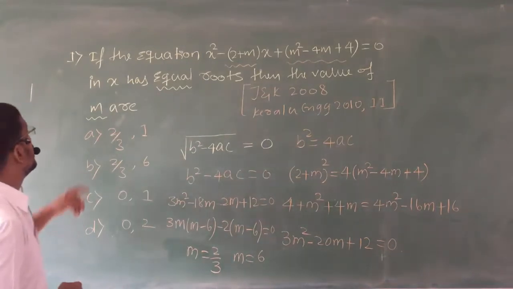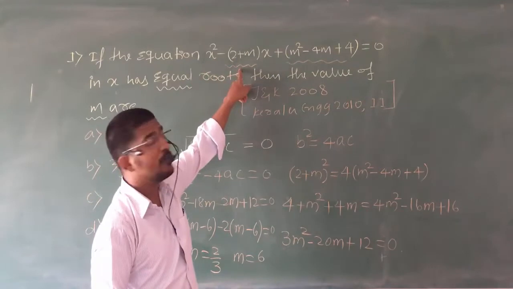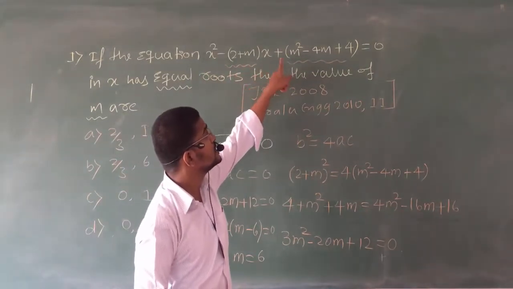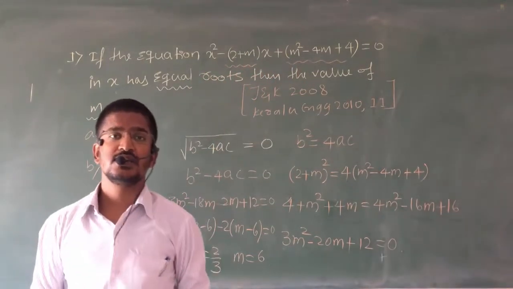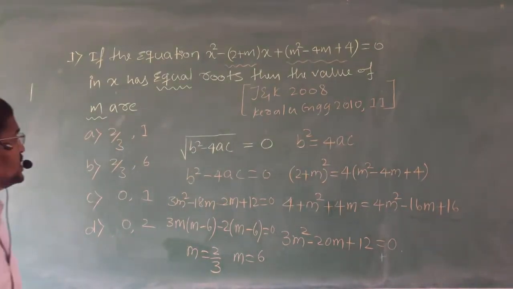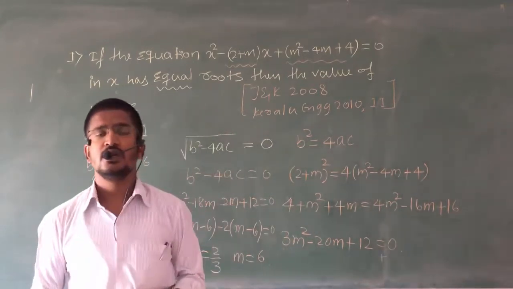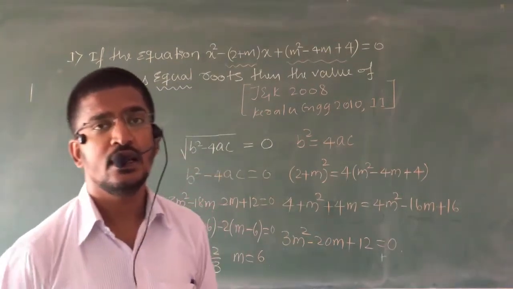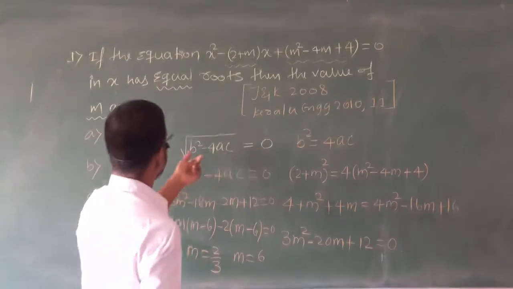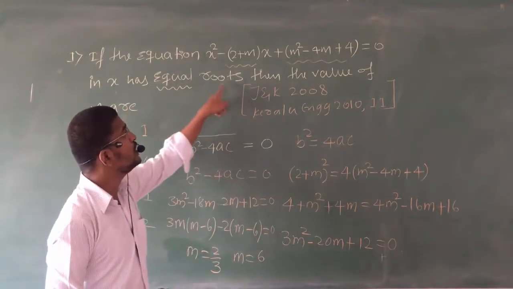These are the values of m in x square minus (2 plus m) x plus m square minus 4m plus 4 equal to 0. You have to use these concepts to get the answer. We should take the discriminant equal to 0 because it has equal roots.